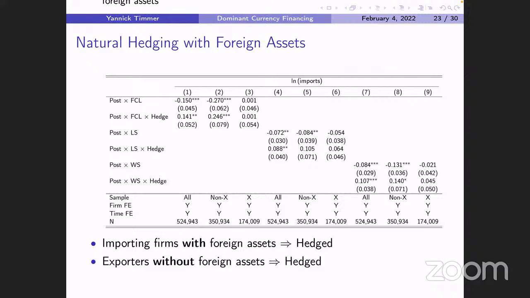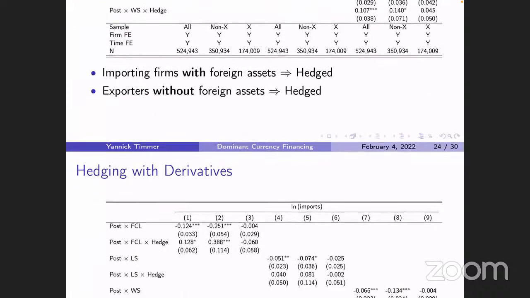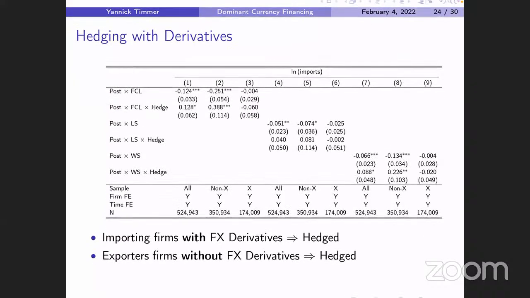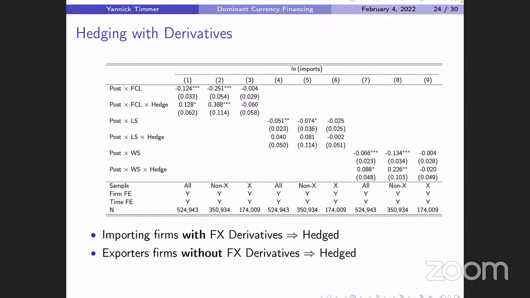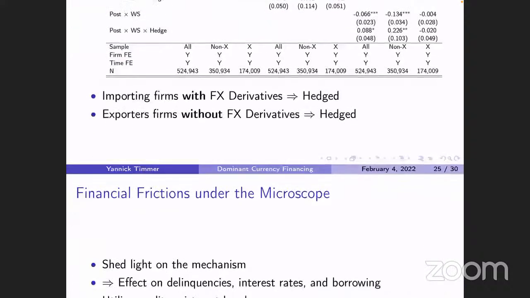So again, having foreign assets and exporting are to some extent substitutes. With derivatives, we find the same. Importing firms with FX derivatives that are not exporting are hedged. Exporting firms without FX derivatives are also hedged. Again, FX derivatives, foreign assets, and exporting are all hedging you against this channel that we are documenting.